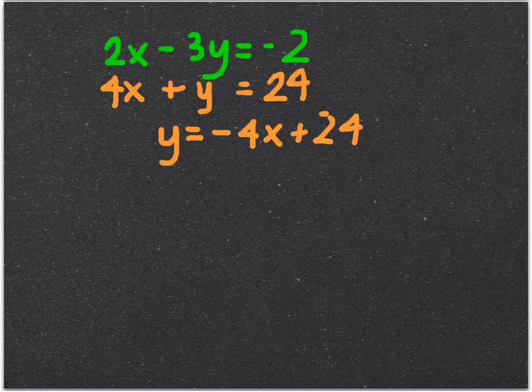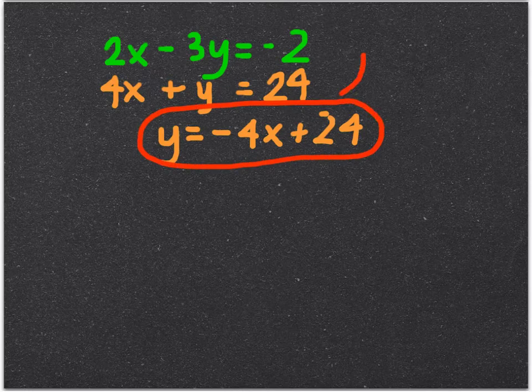I'm going to substitute this y value that I figured out in place of this y value right there. So I'm going to rewrite that green equation. I'll make it green here now so you can see this.